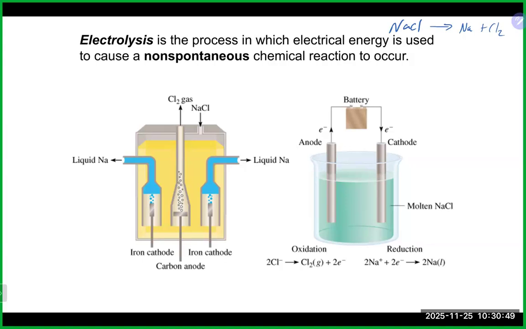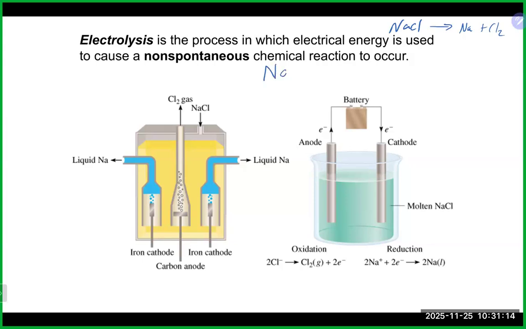It is important that when we talk about electrolysis, it is opposite of what we normally associate with what's going on. What I mean by that is that the anode and the cathode in an electrolysis cell are different than what you might think. Let's take sodium chloride as an example.